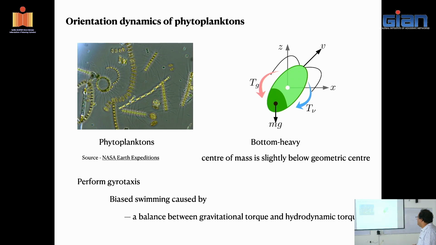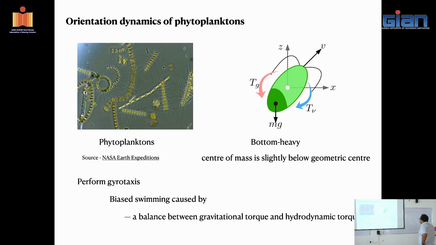Okay. So you have these phytoplanktons, a variety of phytoplanktons, with different sizes and lengths, which if you recall from the scales that I had shown you, there is quite a distribution. Now if you take one of them, you will see that there is an unequal distribution of mass, so you can say that these phytoplanktons are bottom heavy.